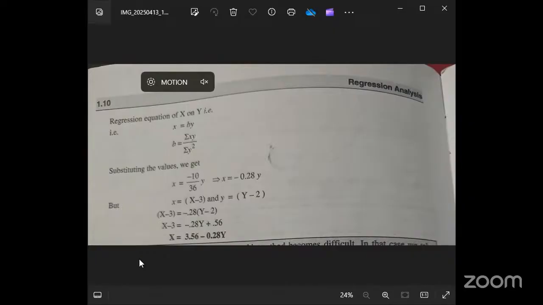Take a glance at how we got this. See the steps.